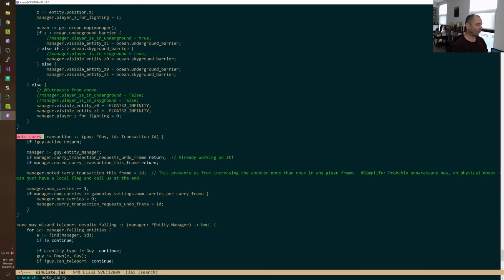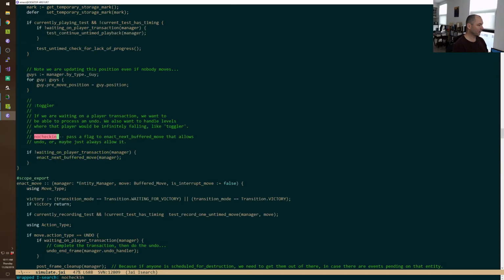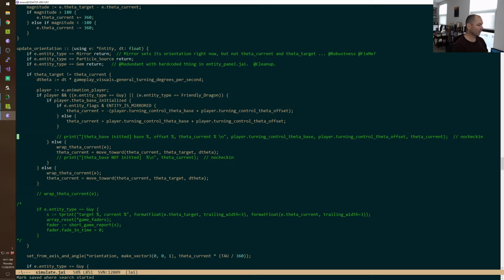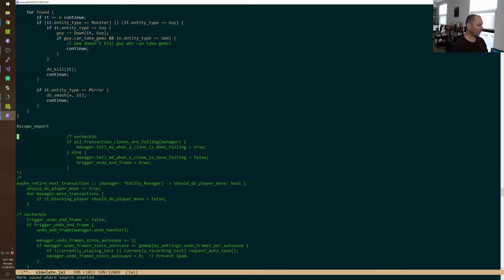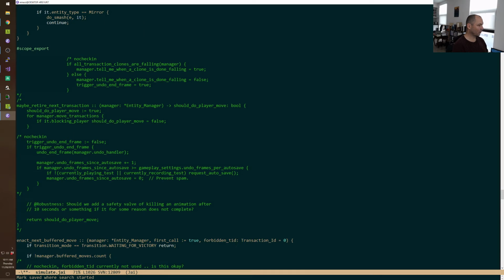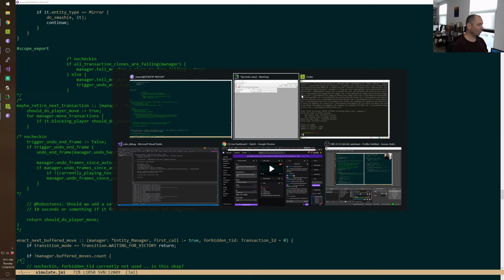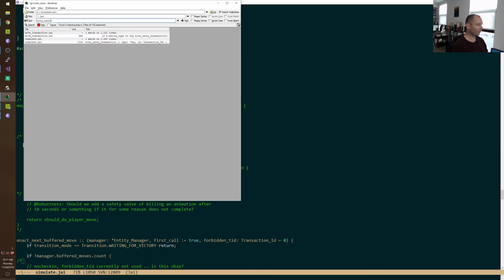So that's what that is. Okay, that's printfs that we were debugging. That's something we legit need to think about. Okay, those are things to think about.